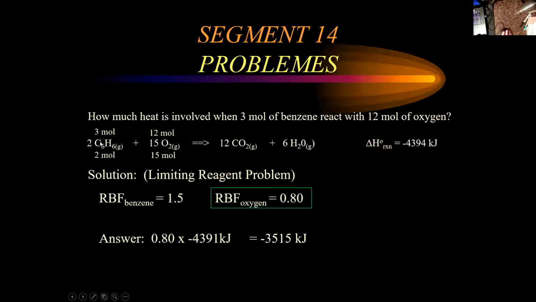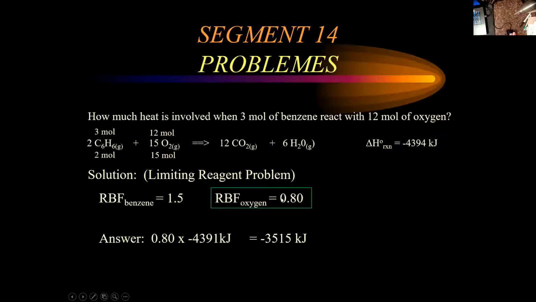So 3 divided by 2 is one of my rebalancing factors. That's 1.5. And 12 divided by 15 is the oxygen rebalancing factor. That's 0.8. So the limiting reagent rebalancing factor is the 0.8. And I'd need to multiply that through the entire equation, including the heat.